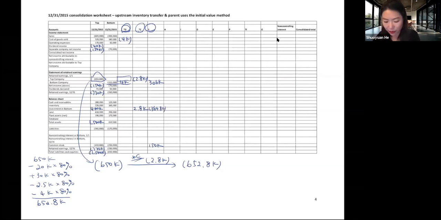364.8 allocated to the parent and 91.2 allocated to sub. And then everything else is just like what we did before.